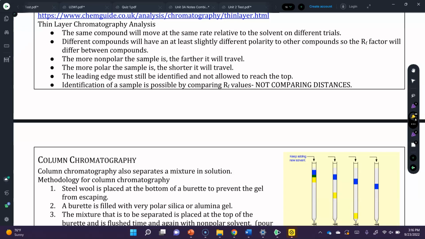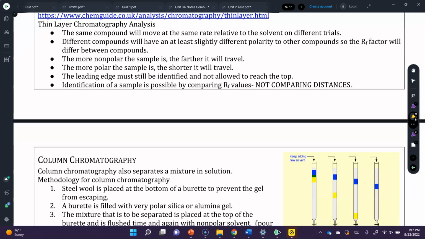The more nonpolar the sample is, the farther it travels, because it's not very attracted to your plastic sheet or your stationary phase. The more polar the sample is, the less it will travel. The leading edge must be identified and not allowed to reach the top, just like in paper chromatography. And identification of a sample is done by comparing Rf values.